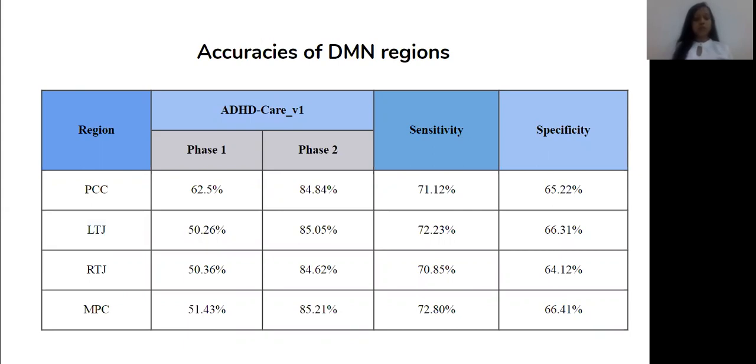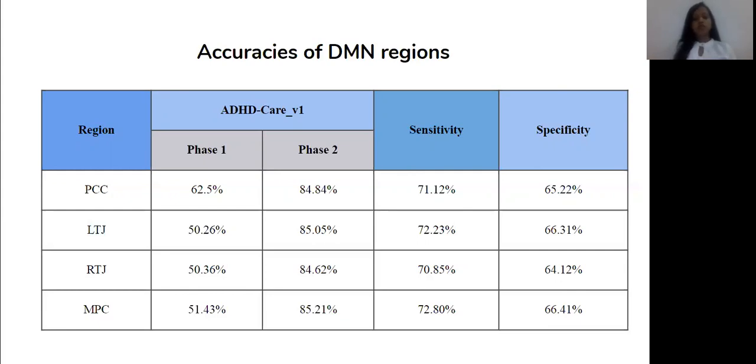In phase one, we have applied pre-processed feature extracted data, finally applied for classification, and we have evaluated it. The results are displayed in phase one accuracy values.